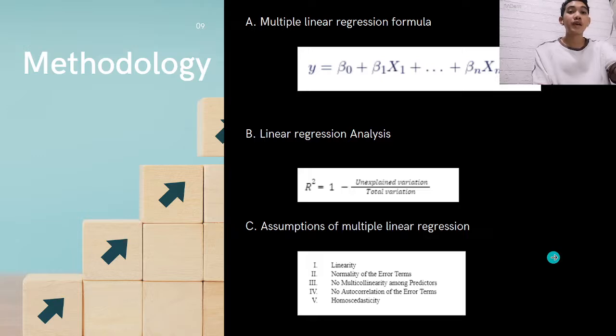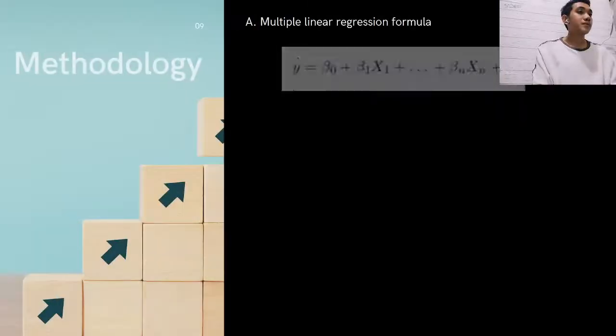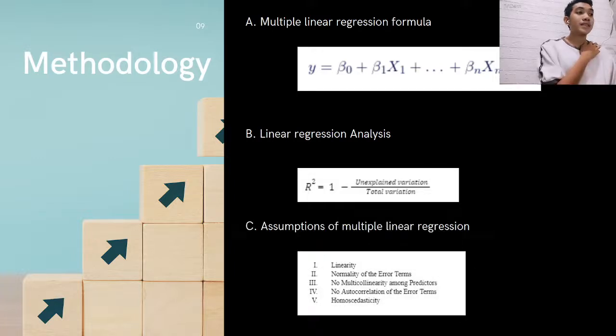Next, we have the regression analysis. Linear regression is an analysis that assesses whether one or more predictor variables explain the dependent variable. R squared is a goodness of fit measure for linear regression models.